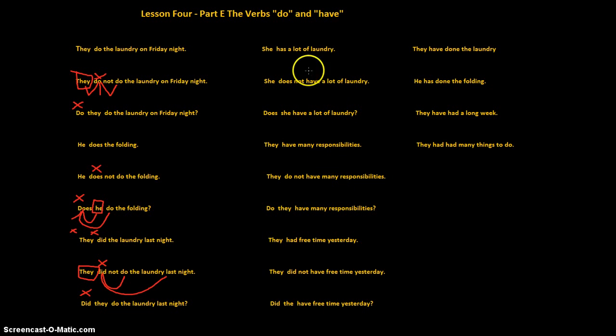Let's take a look. She has a lot of laundry. Now, it wouldn't be unusual for someone to say, oh, right away, has is the X word. But actually, it looks like an X word, but to make negative, we must say she does not have the laundry.